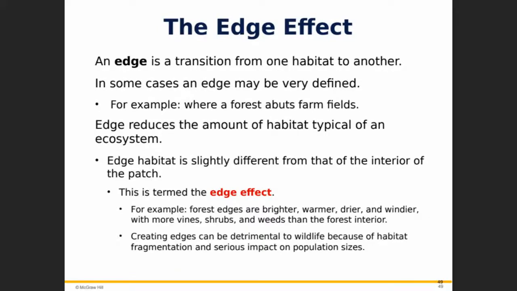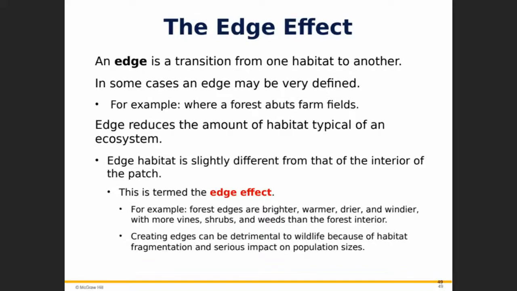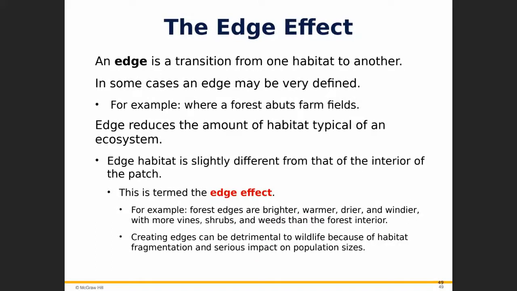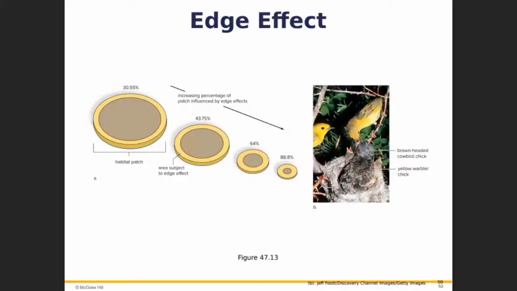For example, forest edges are brighter, warmer, drier, and they have stronger wind, with more vines and weeds than the forest interior. So in the next slide, I will show that a small and a large patch of habitat both have the same depth of edge.